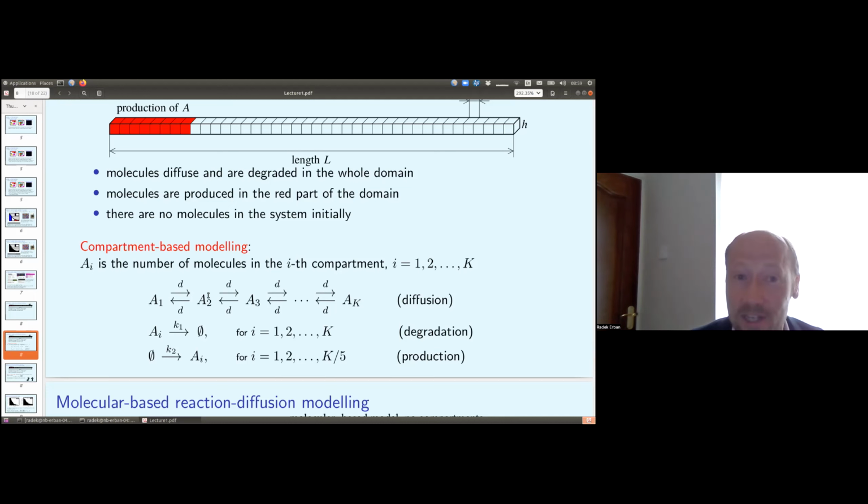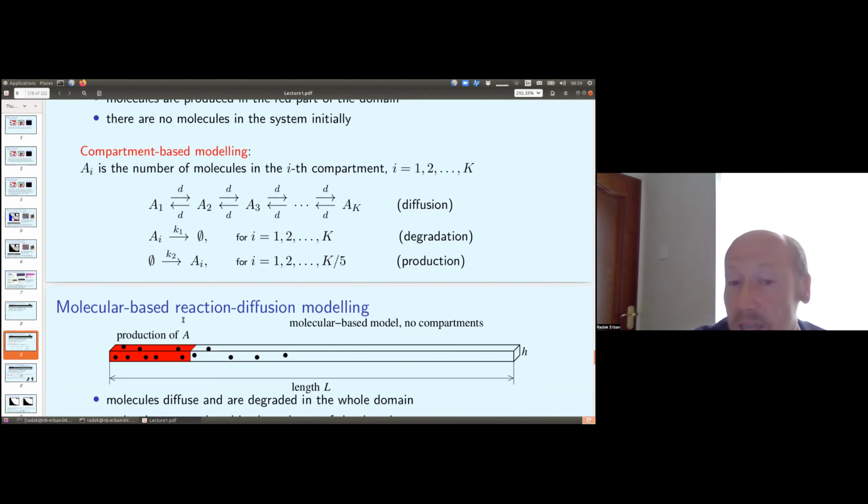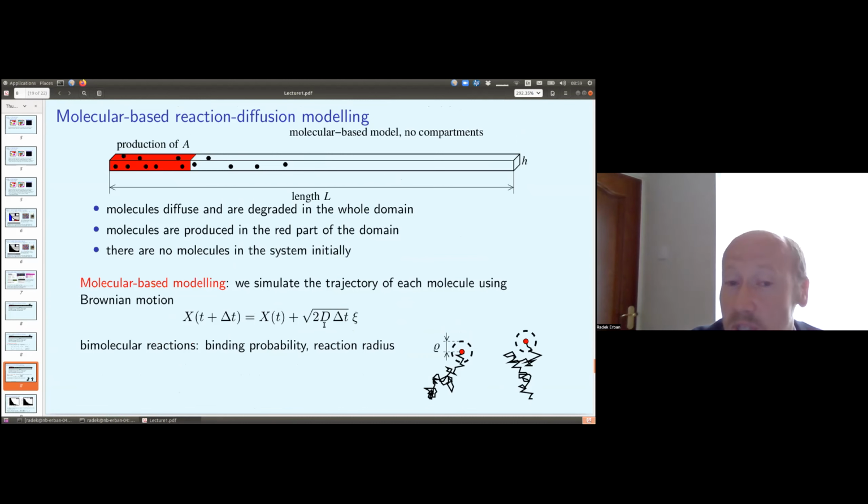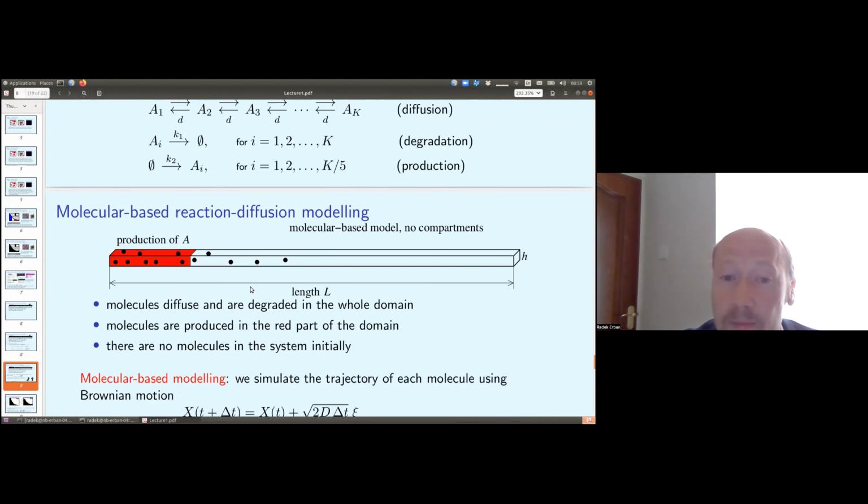This was just the simplest model to introduce conceptually compartment-based modeling and molecule-based modeling. But it can be implemented in both types of approaches, and again has been in the literature, that these constants can vary in space, as well as the diffusion constant could vary in space. Okay. Thank you very much.